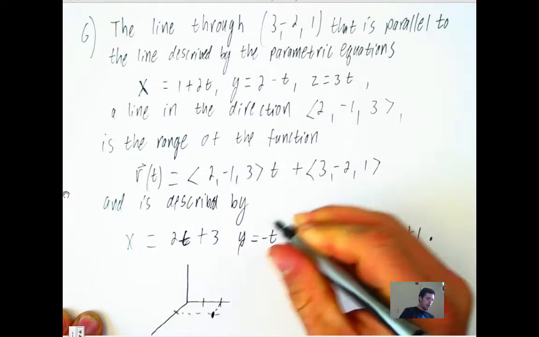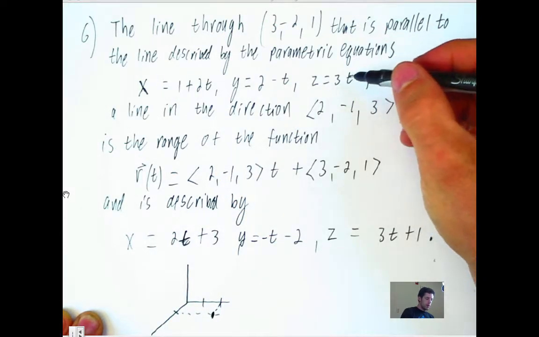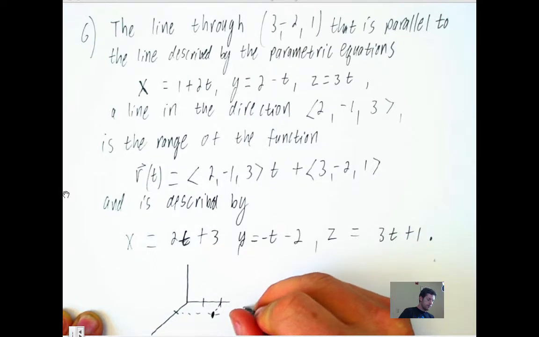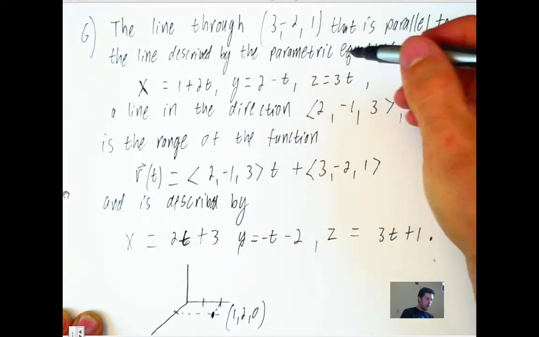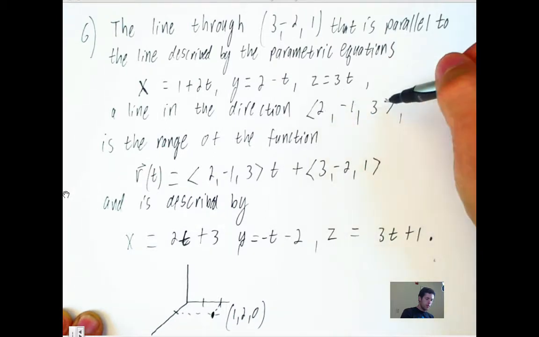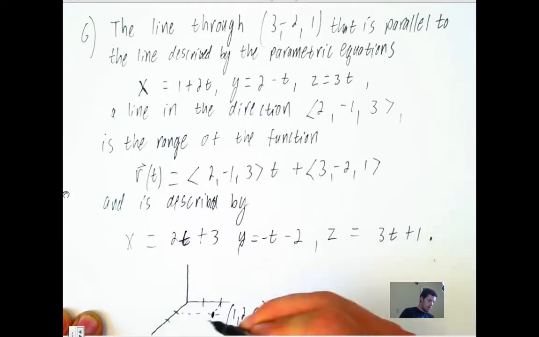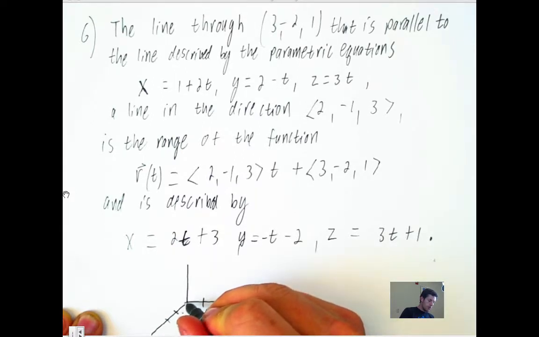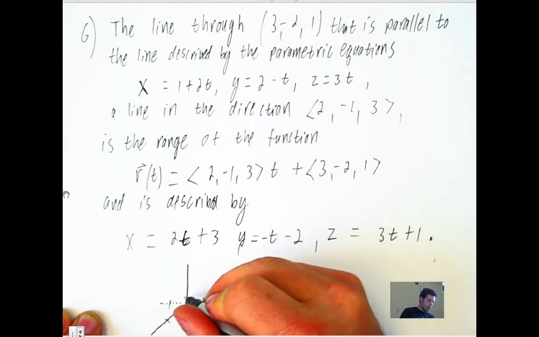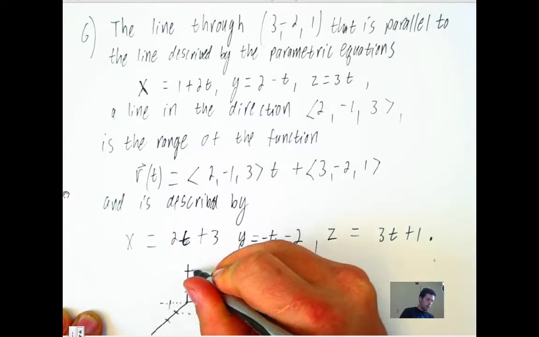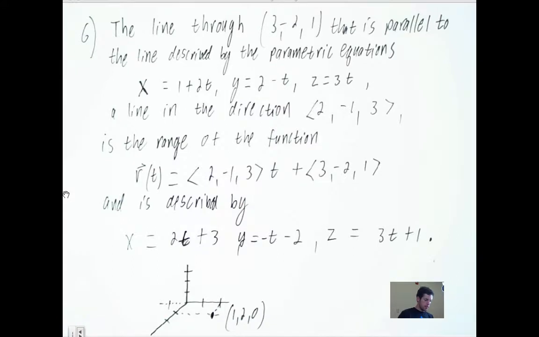The initial point of the line that we were comparing to is 1, 2, 0, and the direction of it was 2, negative 1, 3. So let me draw 2, and a negative 1 would go off in this direction. Negative 1, and then a 3. 1, 2, 3.